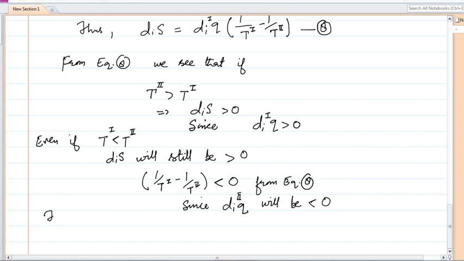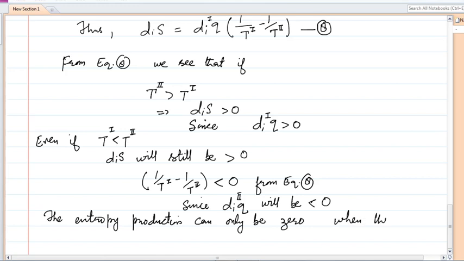Now the entropy production can only be 0 when thermal equilibrium is established.